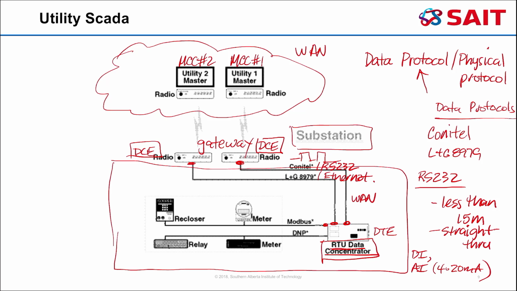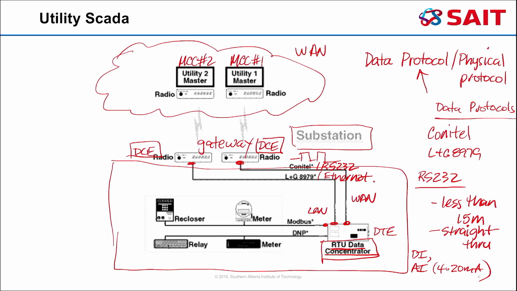So if we take a look here, this would be a local area connection, a LAN connection, using a data communications protocol for this local area called Modbus. And we'll be looking at Modbus in more detail in this course, as you know if you've looked at the course map.